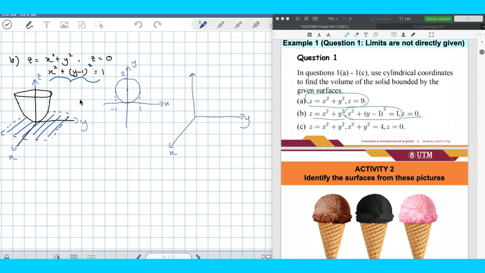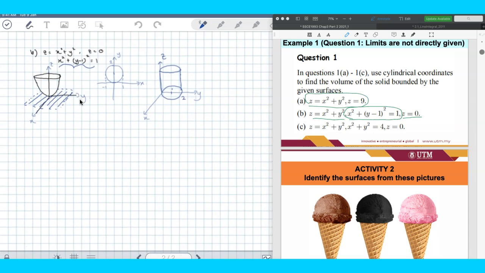This one is Z. So this is your circle. Cylinder. Okay, we have a cylinder. So now this is 2 and this is 1.